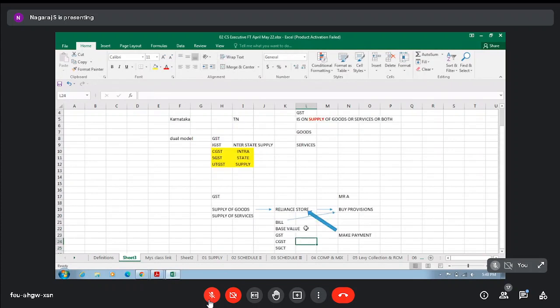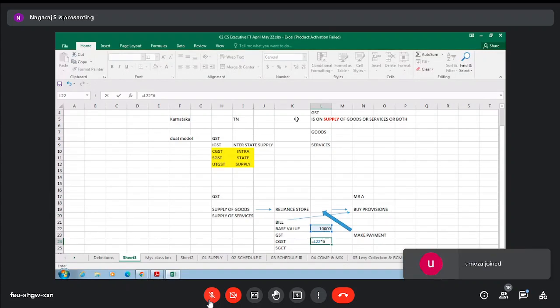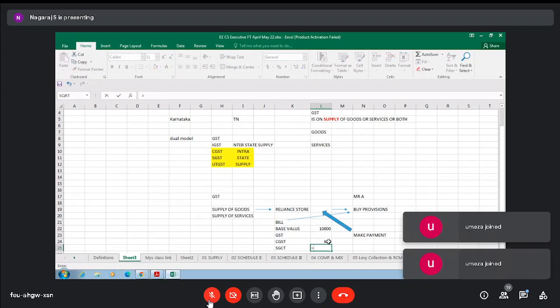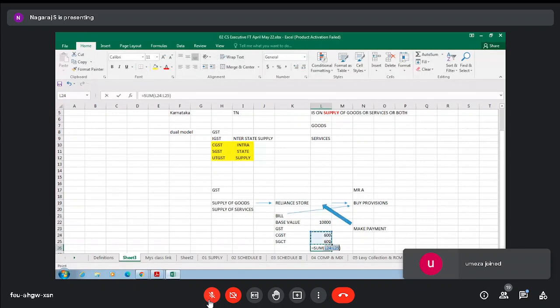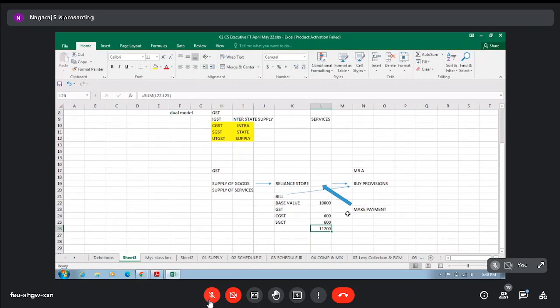Okay, assume the base value is 10,000 rupees. If your GST rate is 6%, just as an example, it need not be 6%, it could be even more. In total you will make the payment to Reliance of 11,200. Okay, 10,000 is for your provisions, whatever you buy.